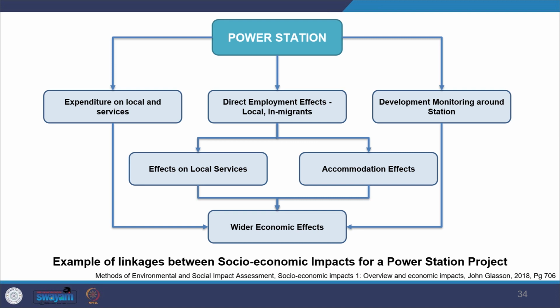So direct employment effect can also have effect on the local services. It can have effect on the accommodation, the housing requirements, and then altogether can have a wider economic impact. So when you're looking at the local area, then the socio-economic impact can also happen at the wider regional level or national level as well.